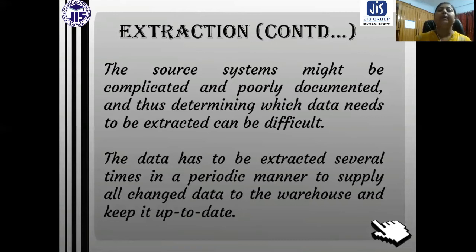Documentation is done in a very poor fashion because it comes from various sources and we have no control on how it is going to be documented. Thus, determining which data needs to be extracted can be difficult. That means we need to find the useful, relevant information, and finding that takes time.